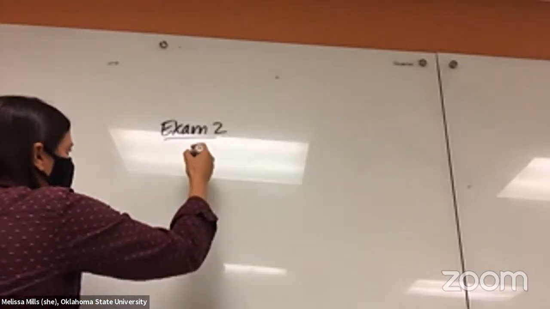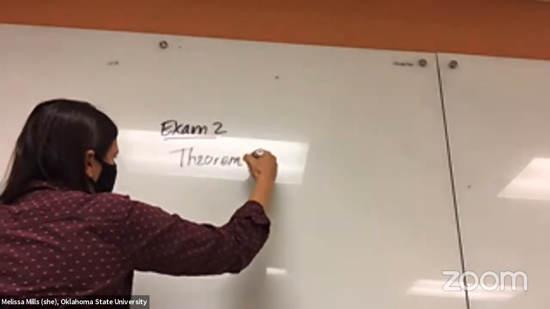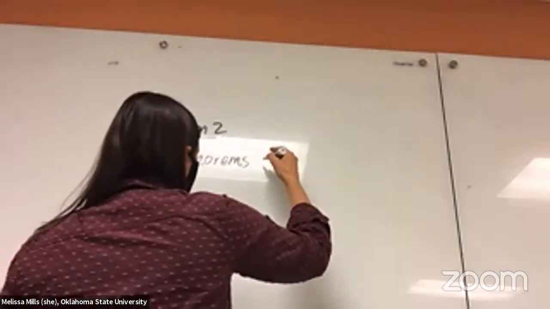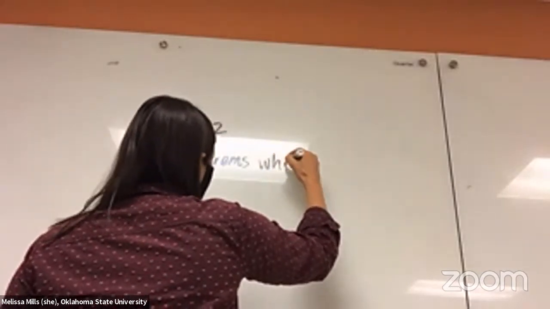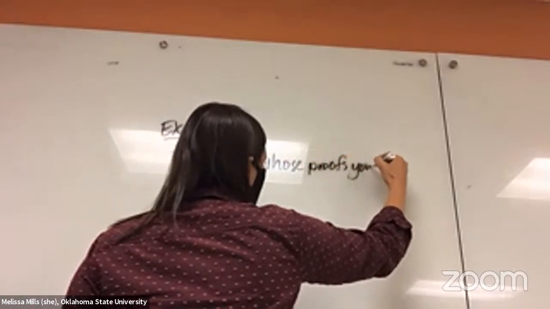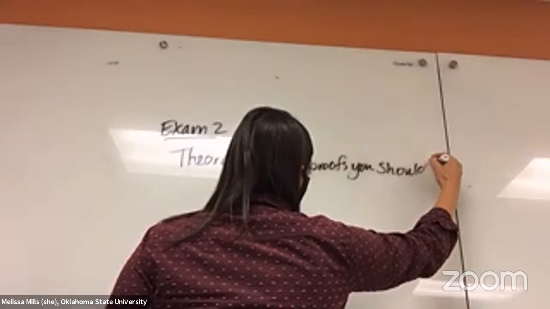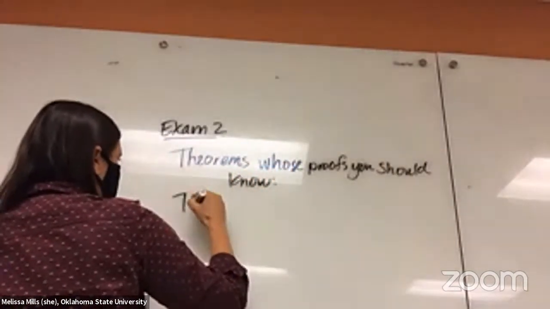And then for proofs, the theorems whose proofs you should know. How about let's say those. So there's theorems.